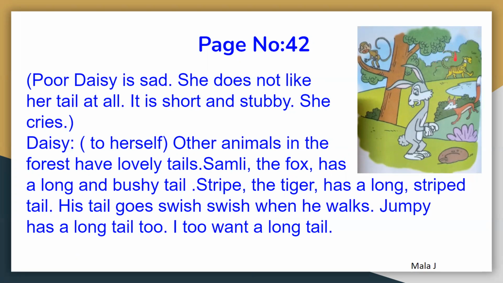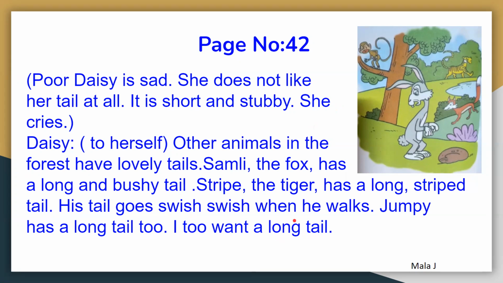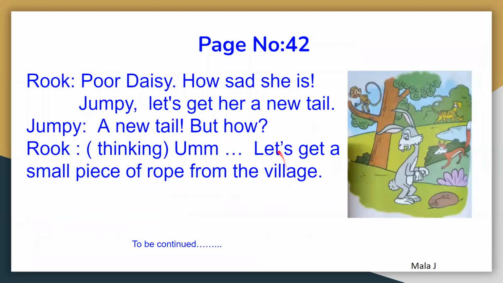In the image, you can see how long the tail is. And when the tiger walks, his tail goes swish, swish. That is, it keeps on waving on either side. And Jumpy, the monkey, is also having a long tail. I also want a long tail. She starts crying. So let us see whether Daisy gets a long tail or what happens next in the story.